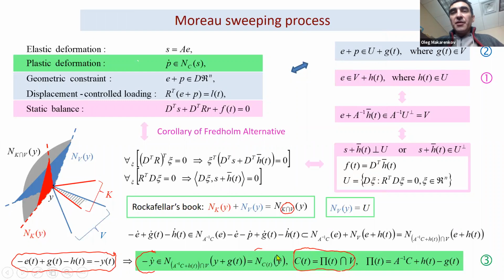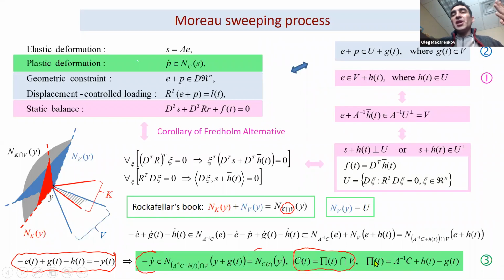So what we get finally is the sweeping process whose constraint, we got a differential equation whose constraint is the intersection of this capital Pi of t with a plane.